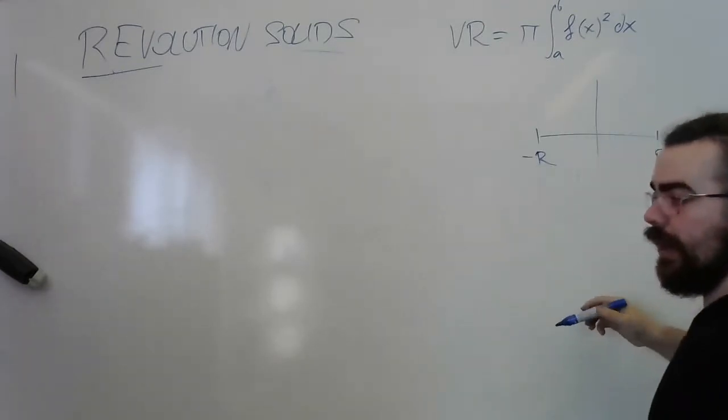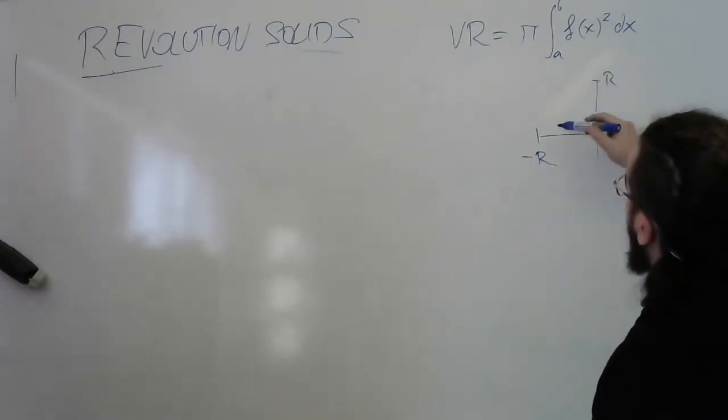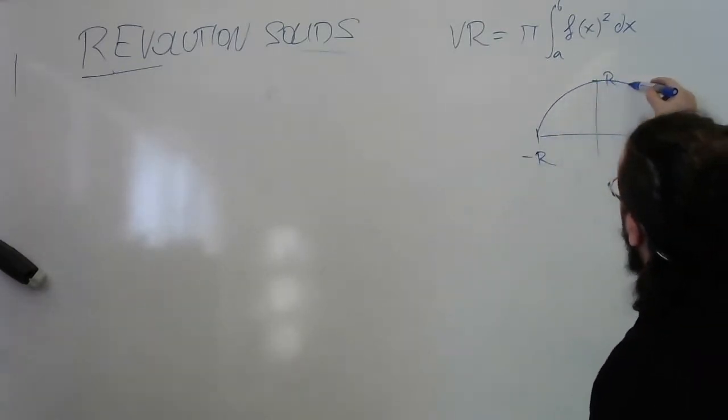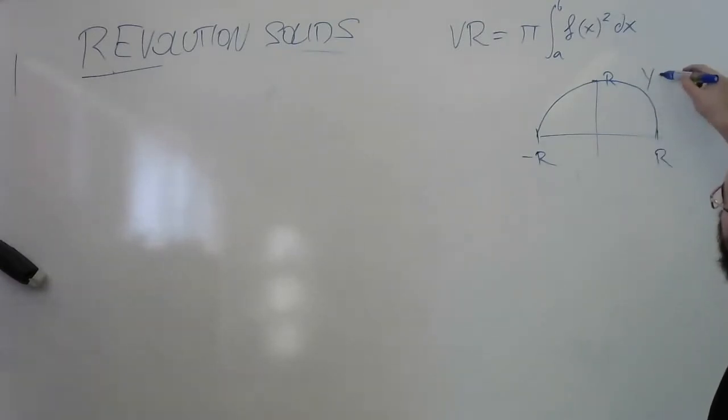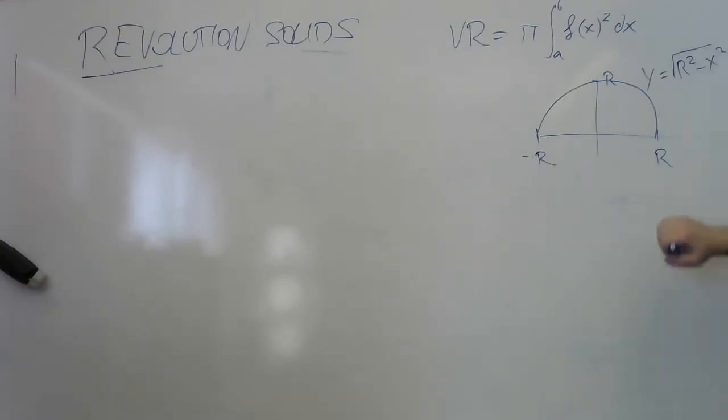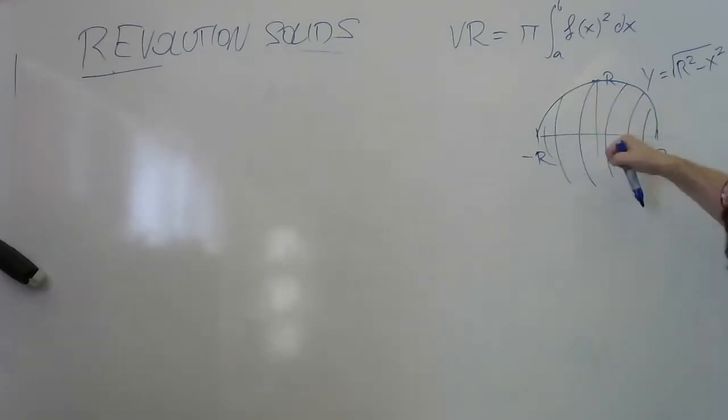From minus r to r, we have a half circle with radius r. Right? This is y equal square root of r squared minus x squared. And we want to revolve it around the x-axis. What do we form here? A sphere.